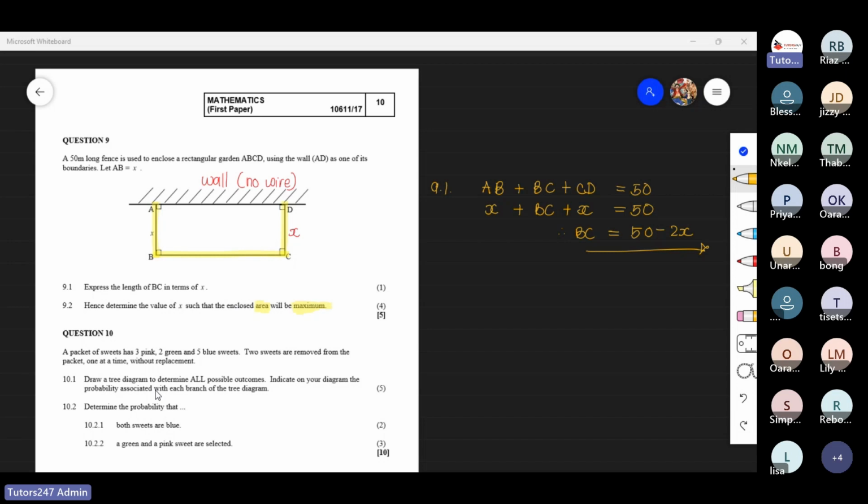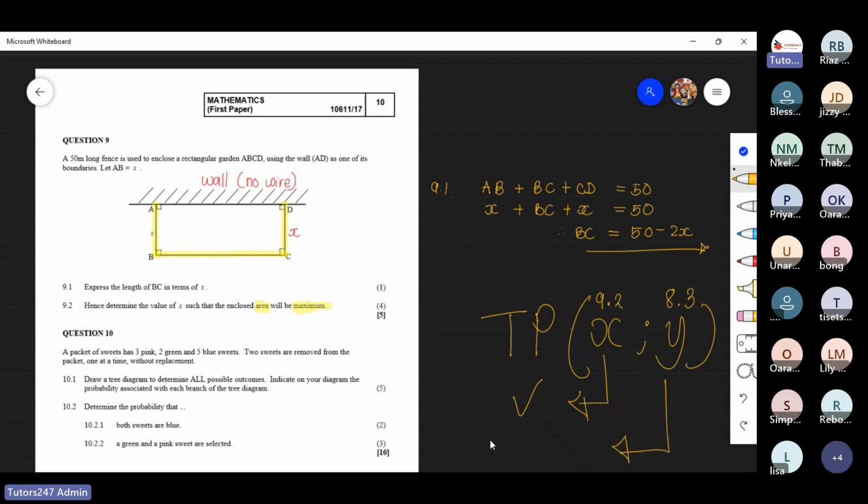But in this question, it states the value of x for which this thing is maximum. So if you have this coordinate here of your maximum, let's say it's x and y. In question 8.3, we calculated y. But in question 9.2, now we are calculating x. So when they say for what value of x will this thing be maximum, you calculate the x value.